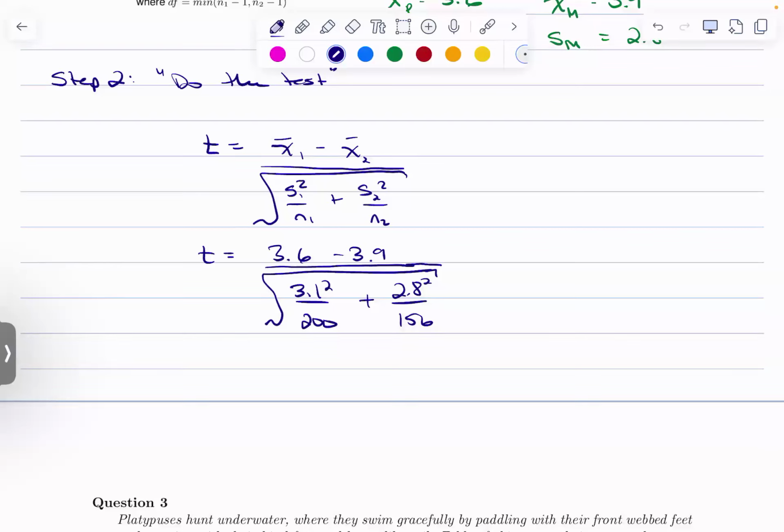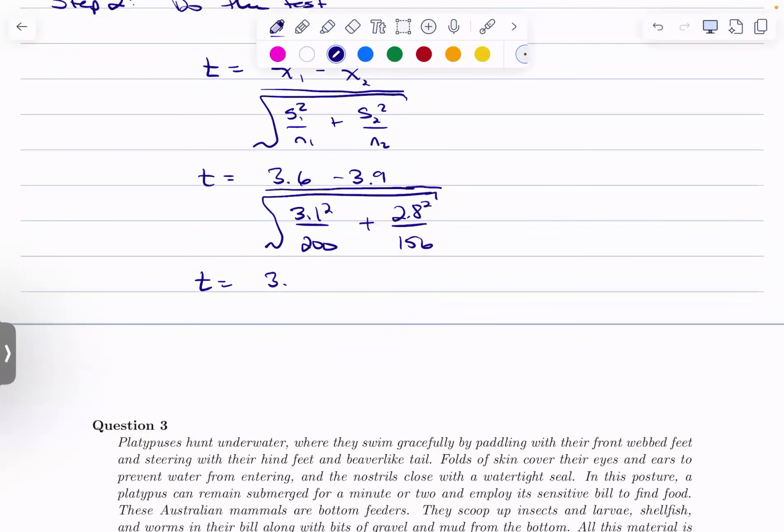Take it nice and slow here. 3.1 squared divided by 200. And then usually I like to store that. And then 2.8 squared divided by 156. And I'll add that to my stored value.